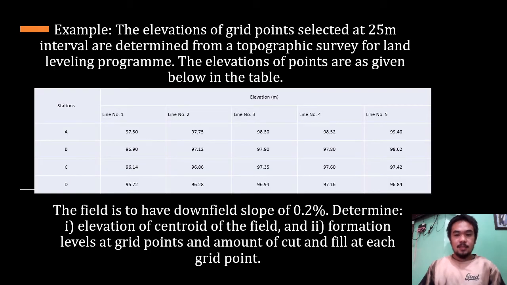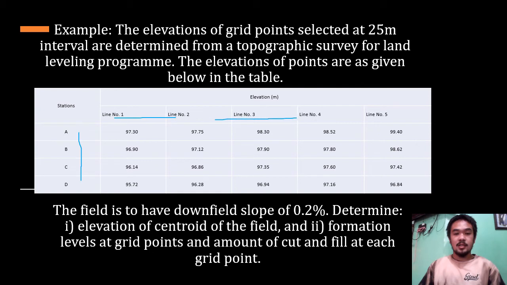This is an example of the plane method. The elevations of the grid points, selected at 25-meter intervals, are determined from a topographic survey for a land leveling program. The elevations of the points are as given in the table. You see this part here, these are the stations and this part, the lines.